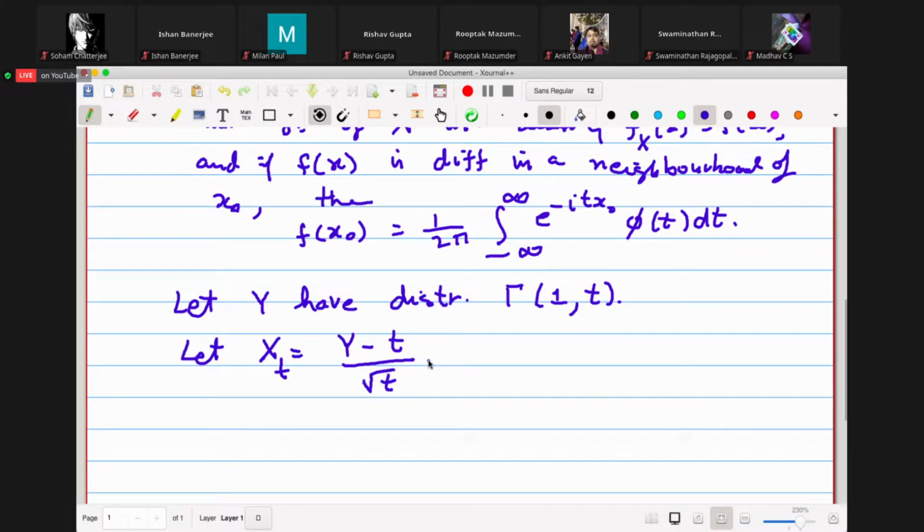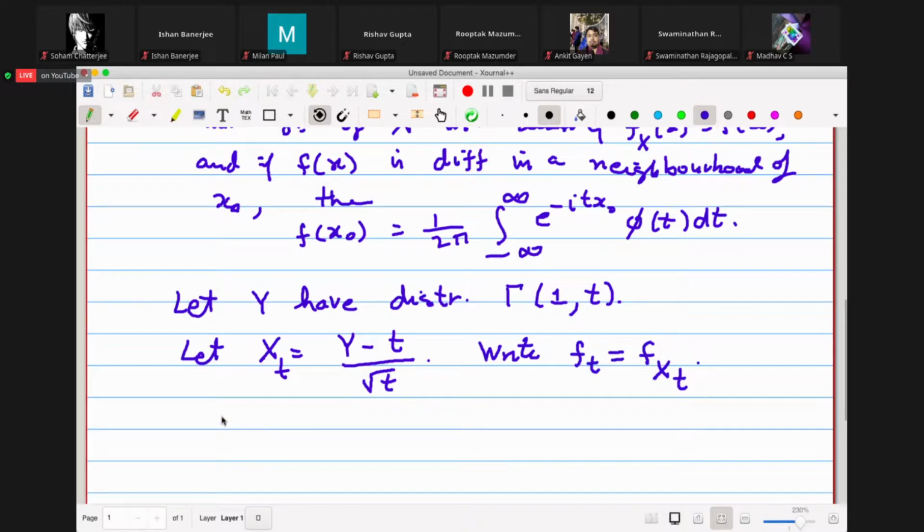Then what you need to do is find the density function of x_t. So write f_t for the density function f_{x_t}, and now you can compute what it is.